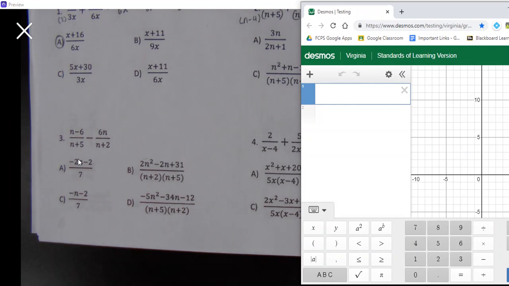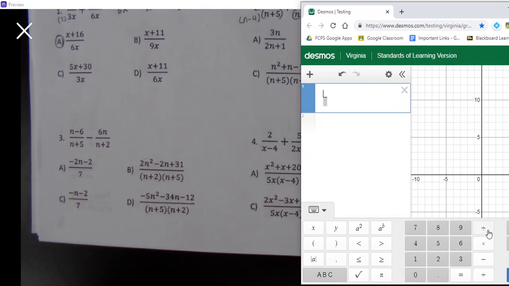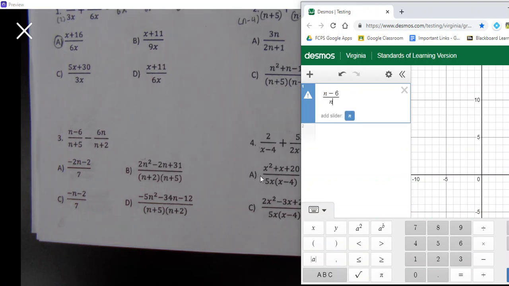Whenever you're doing fractions, just put the fraction like that. So you have n minus 6 over n plus 5, minus, and then put a fraction bar again, so you have 6n over n plus 2.